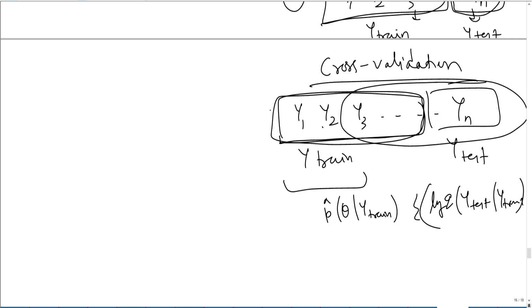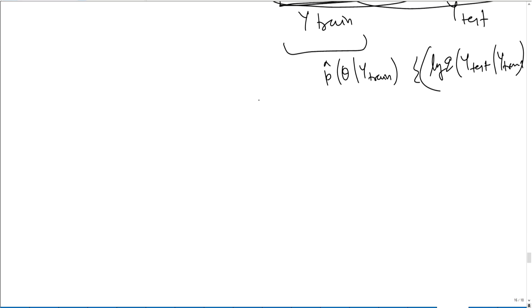For example, let us say you have 10 data points, y1, y2, y3, up to y10. You can run a loop for k in 1 to 10.